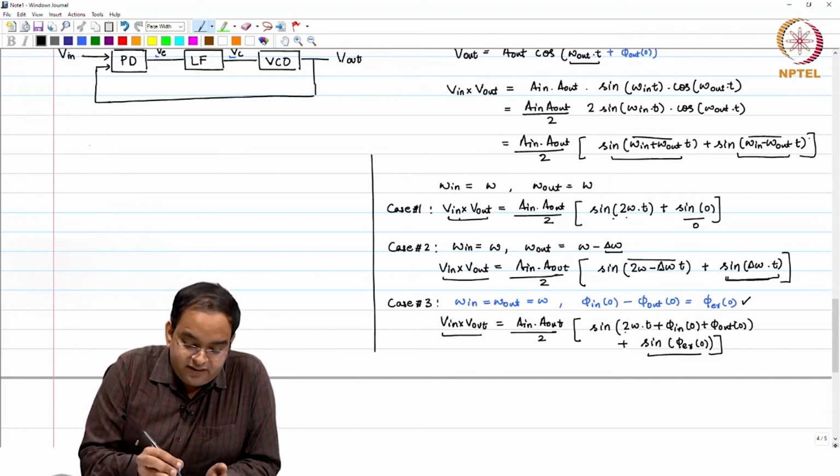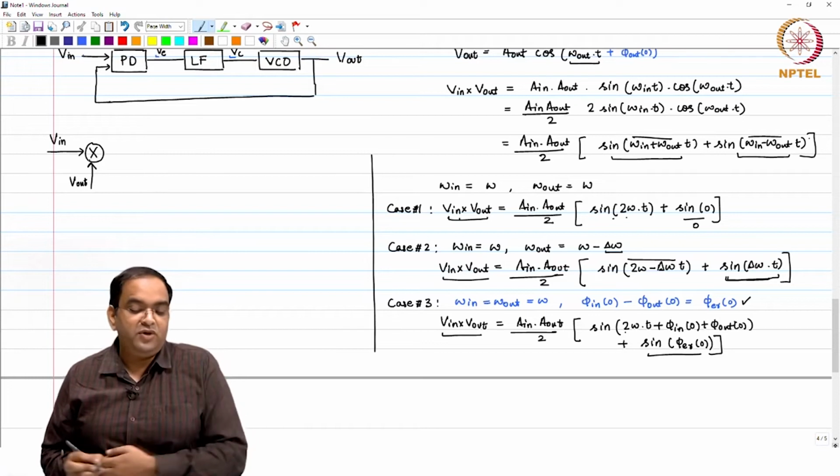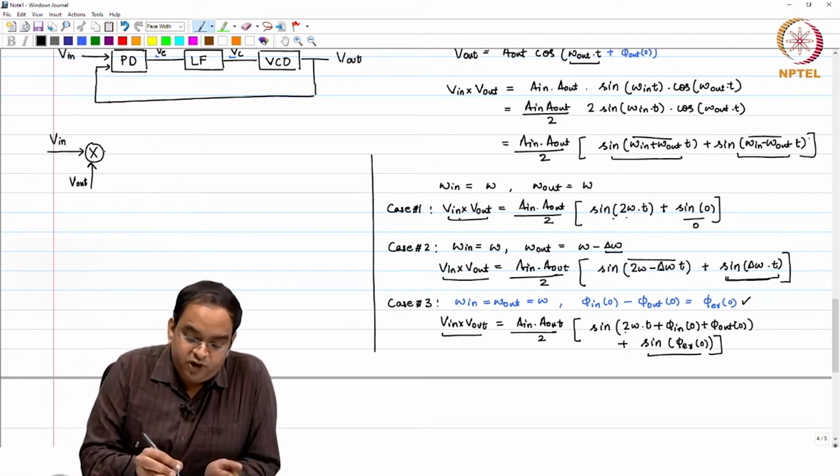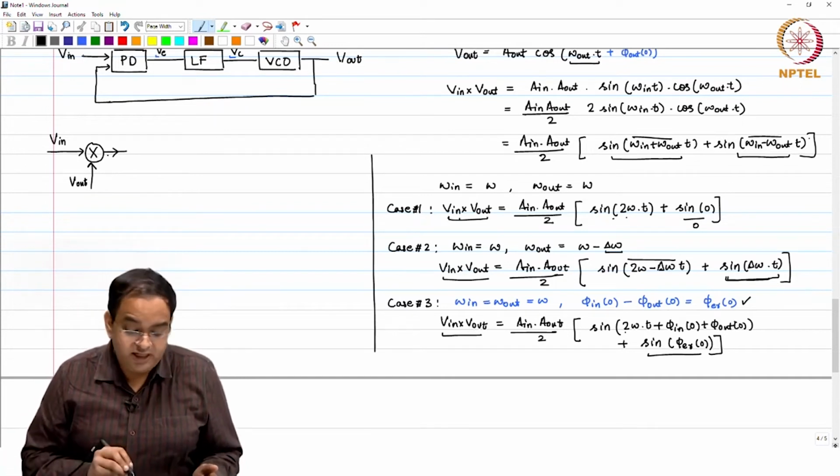So, I will just replace this PD block using a simple mixer, which is shown by a cross sign here. I am feeding V in and V out, and the output of this mixer is our error voltage.